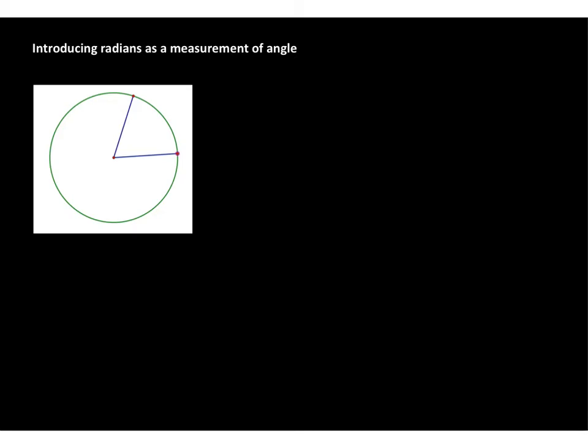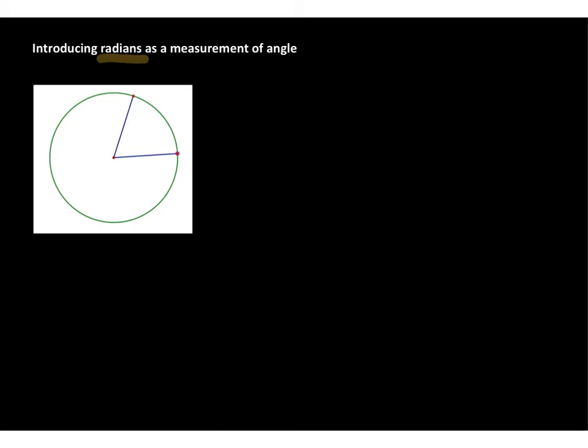And the answer is, when we're dealing with trigonometry and when we delve further into calculus, so learn more about differentiation and integration, we can't always use 360 degrees and the degrees measurement when we're dealing with angles. We need an angle measurement which relates directly to a circle. And that's where this idea of the radian measurement comes in. It's an alternative angle measurement which relates directly to a circle.